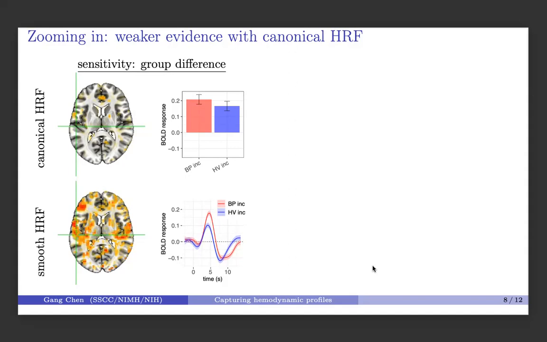The canonical HRF has two betas, the red one versus the blue one. They're slightly different, but the two error bars overlap with each other. So traditional studies would say there's some slight difference, but it does not reach the threshold, so we're not confident to say they're different. But look at the bottom row. There are two different HRFs. Instead of comparing two scalar numbers, now we're comparing two one-dimensional curves.